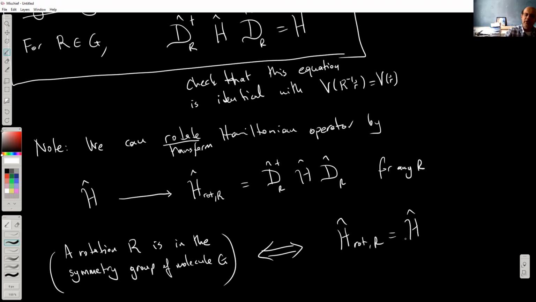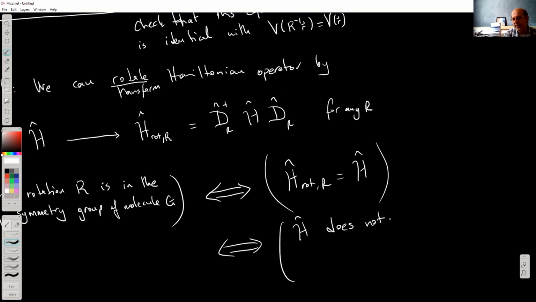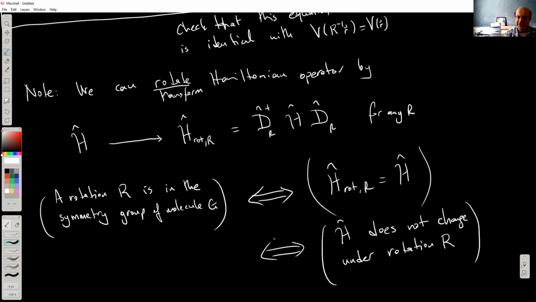So if and only if the Hamiltonian does not change under rotation R. Okay, so rotation is just a particular kind of symmetric transformation.